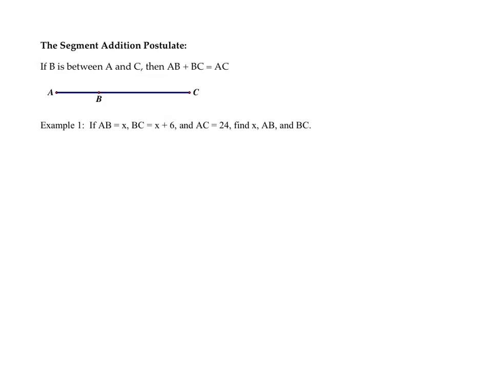Now, the word between is very specific in definition in geometry. In order for a point to be between two other points, all 3 points must be collinear. They all have to be on the same line.